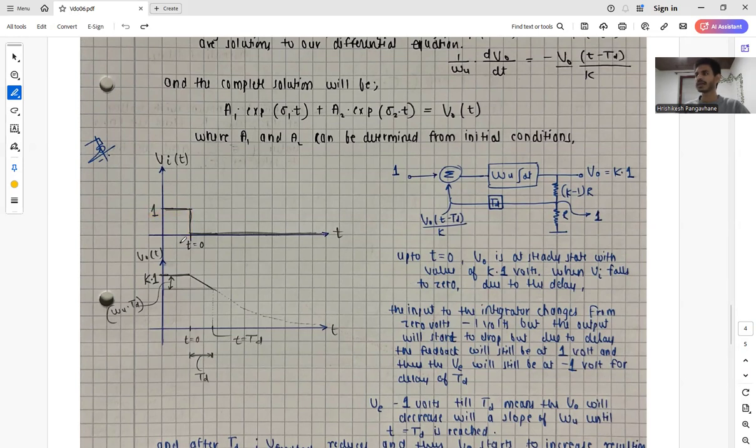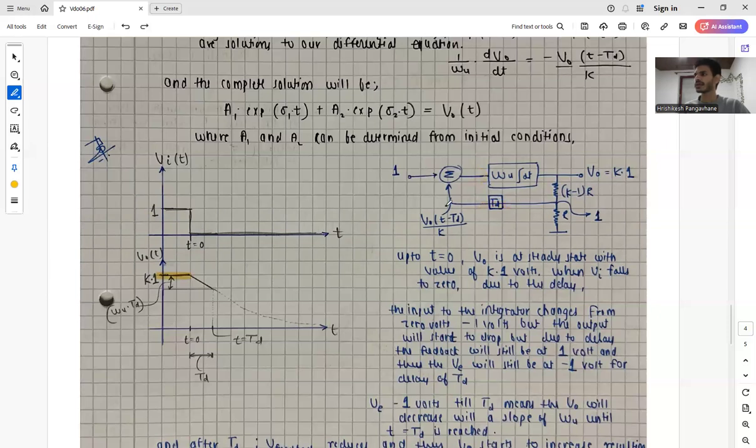Up to t equals 0, v naught is at a steady state with the value of k, and when vi falls to 0, the input to the integrator changes from 0 volts to minus 1 volt, and the output will start to drop, but due to the delay, the feedback will still be at 1 volt.